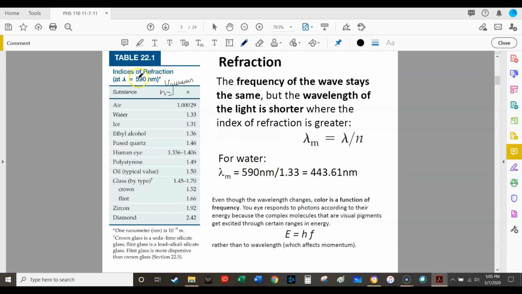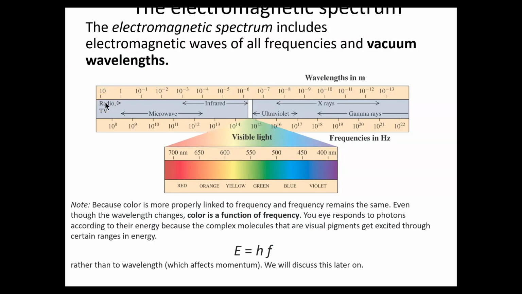So it's 590 nanometers in a vacuum, and it hits water. Well, the weird thing is the wavelength is actually going to change, right? So it's going to go from 590 nanometers to 443.61 nanometers.